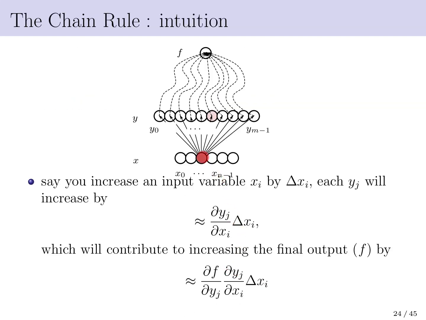Let's imagine that you slightly increase this particular variable xi by delta xi. Then, actually, the change to f happens in many ways, because xi might be affecting each of these y, right? But let's consider for a second how much change happens to this particular variable yj.